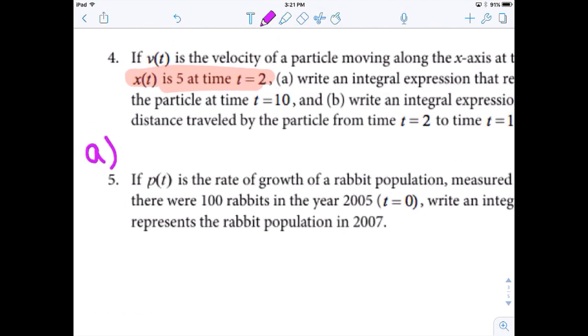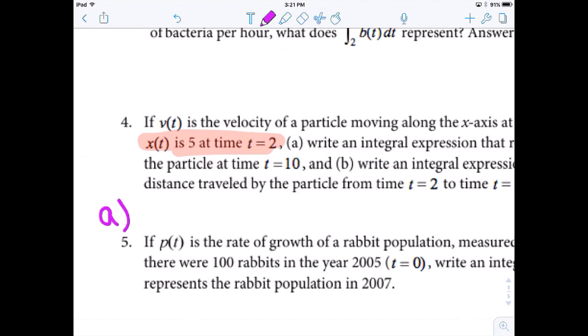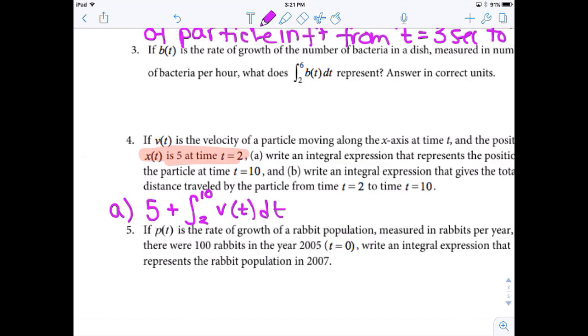I know that the net change will be the integral from 2 to 10 of v of t. So that's the net change in position. But my starting position was 5, so I need to add that in. Integral expression means you don't need an equal sign, so that would totally suffice for an integral expression.